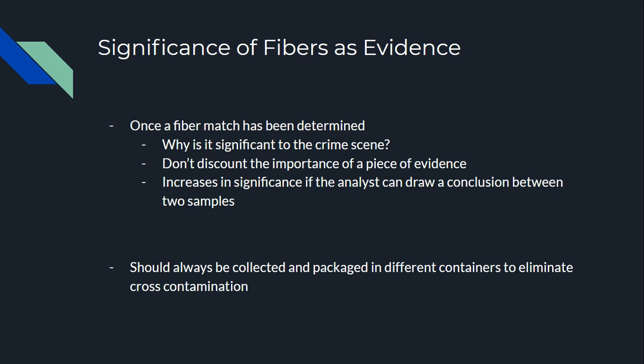They're always collected and packaged in separate containers to avoid cross-contamination. The last thing you want to do is fold up your paper envelope with 3 pieces of blue fiber, 1 yellow, and 8 green fibers, because then you're going to cross-contaminate your fibers.